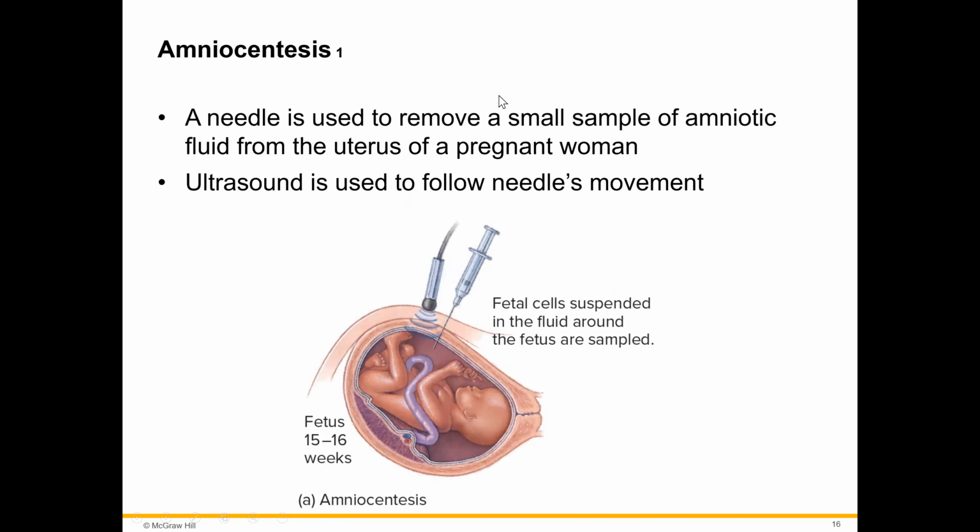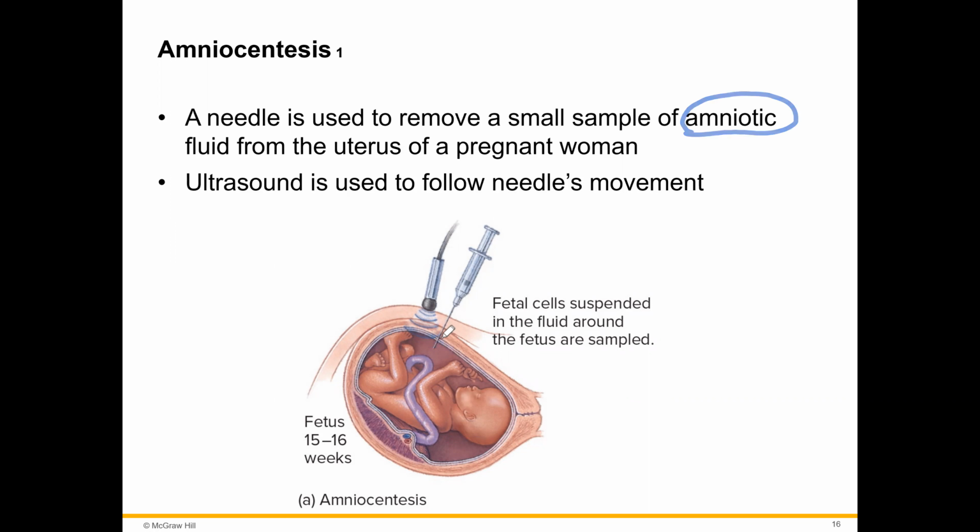So the first one is amniocentesis. A needle is used to remove a small sample of amniotic fluid from the uterus of a pregnant woman, and ultrasound is used to follow the needle's movement. When the baby is inside the uterus, it's surrounded by amniotic fluid.